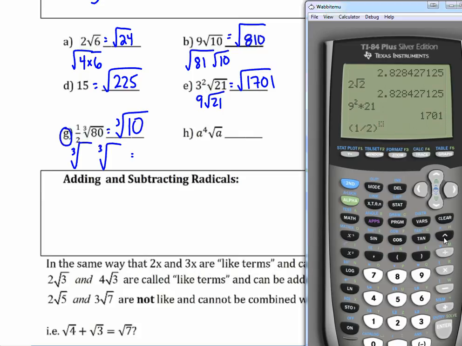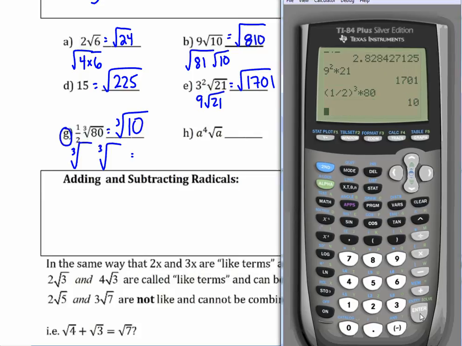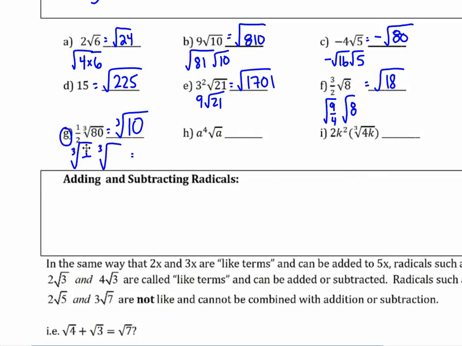Just cube each coefficient. Cube the 1, cube the 2. You don't need to type that in your calculator. I mean, you can. 1 over 2 cubed times 80 is 10. Why? Well, 1 over 2 cubed is what? It's 1 over 8 times 80, or 1/8 of 80 is 10.